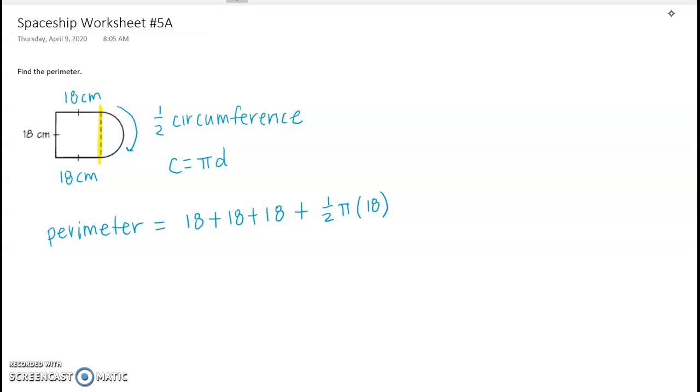So grab a calculator. 18, 3 times is, this part's 54. And then I'm going to have 1/2 times 3.14 times 18.